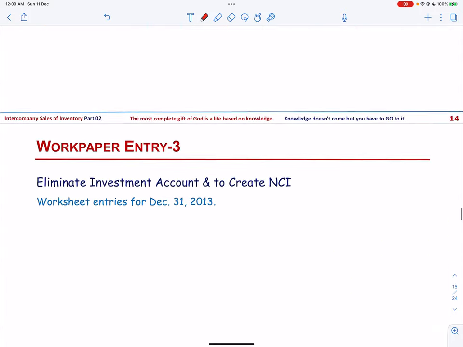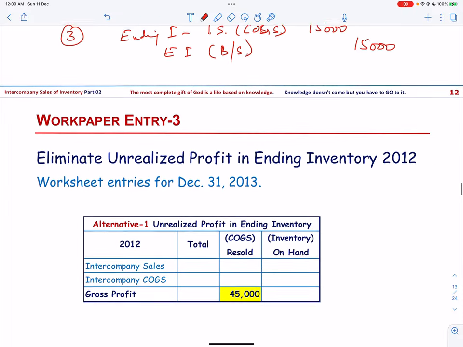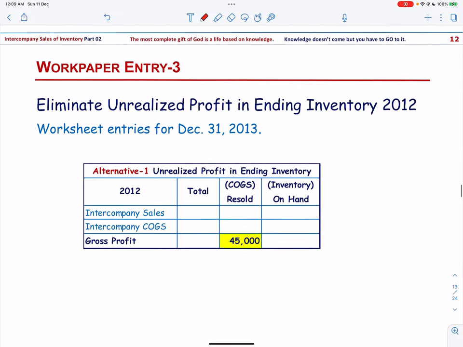Next, this is number 2, and then we move on to number 3. We are going to eliminate unrealized profit in the ending inventory. So this is the third work paper entry to eliminate unrealized profit in the ending inventory of 2012. The January 1, 2013 inventory of P company includes this 45,000 of profit that was recorded by Segal in the year 2012.